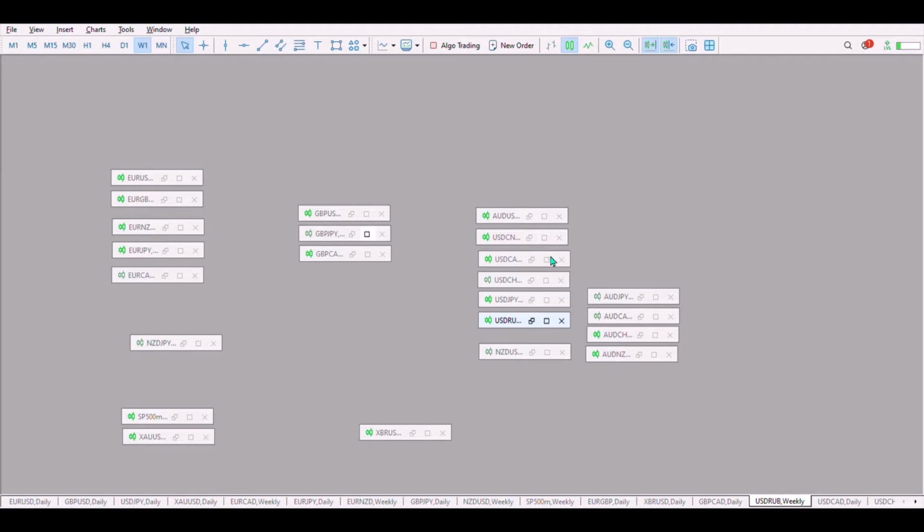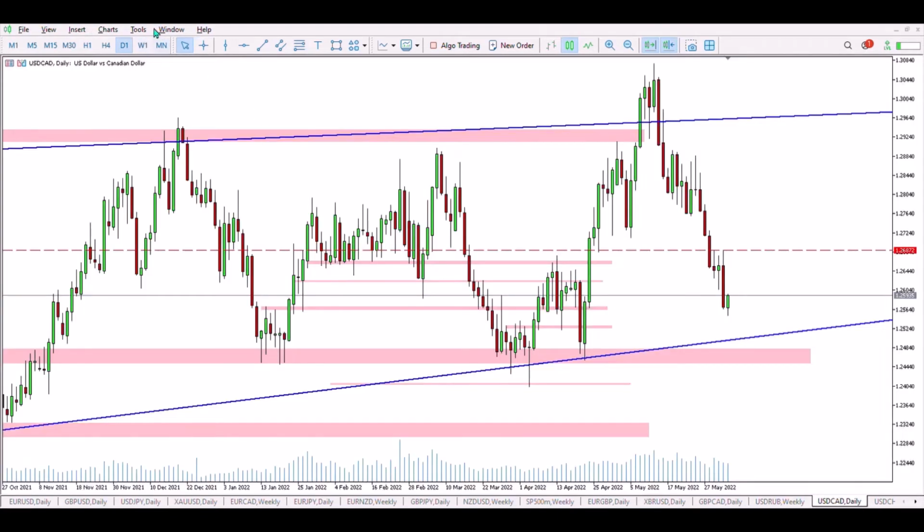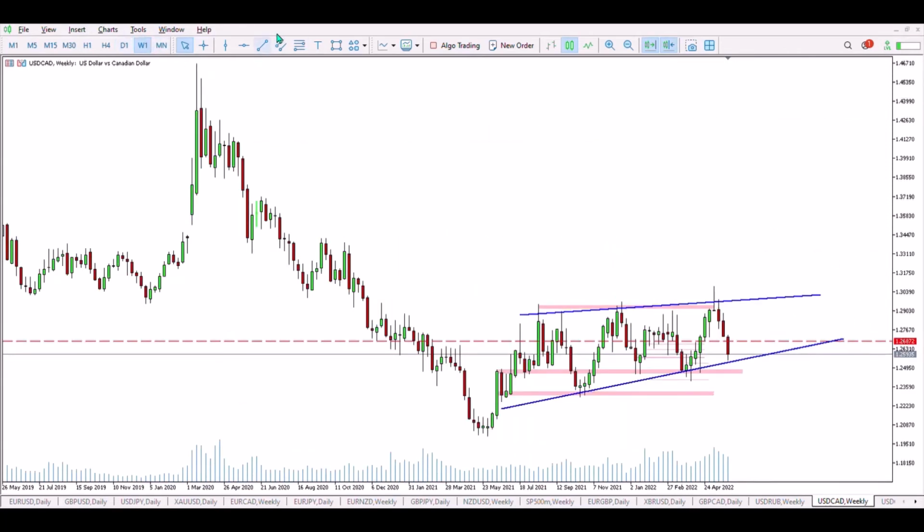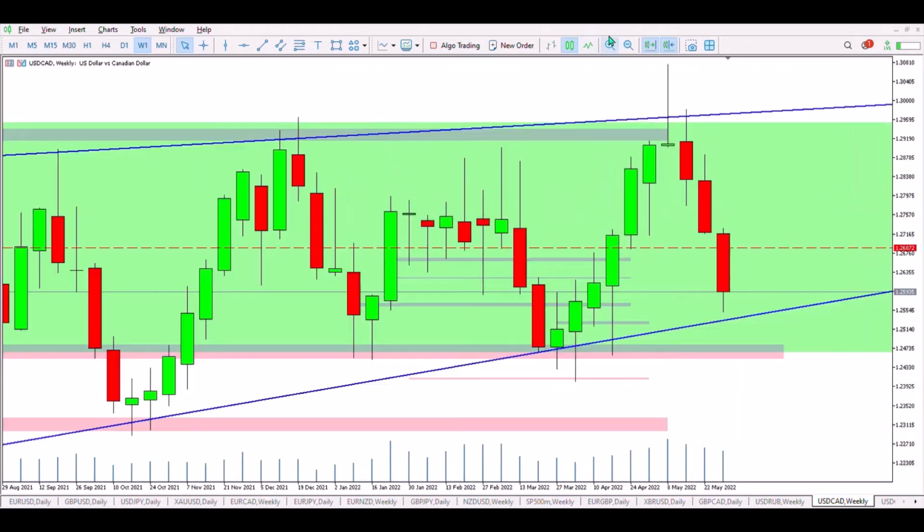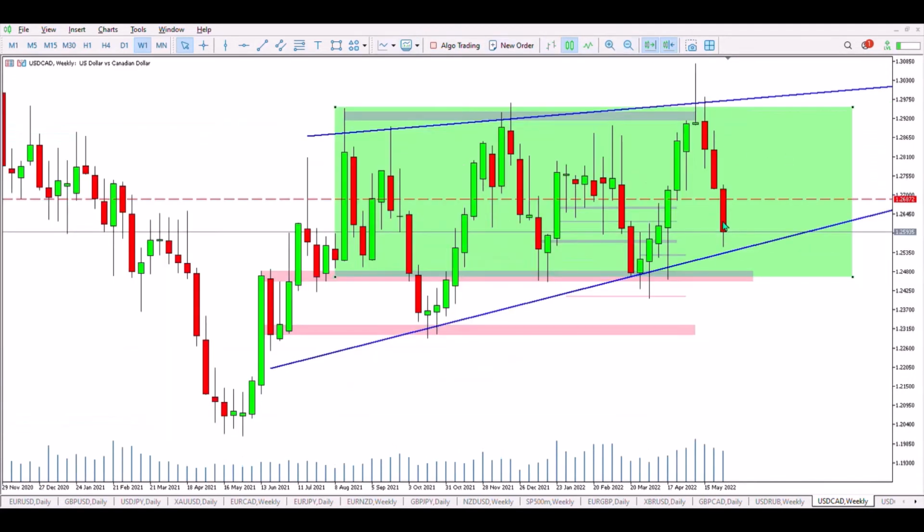On USD CAD, where is the USD CAD? Here we have spoken about the consolidation area, which went extremely wrong by this rejecting candle. So we have massively entered the bearish power, and currently we reach this mini support zone area.